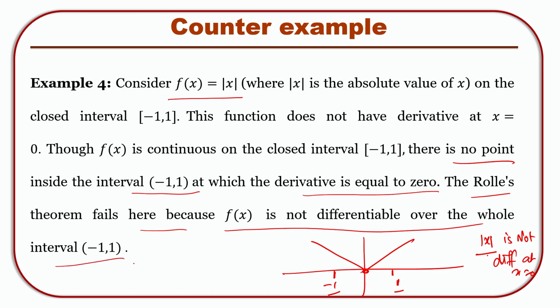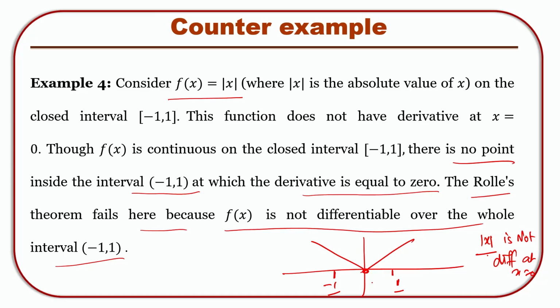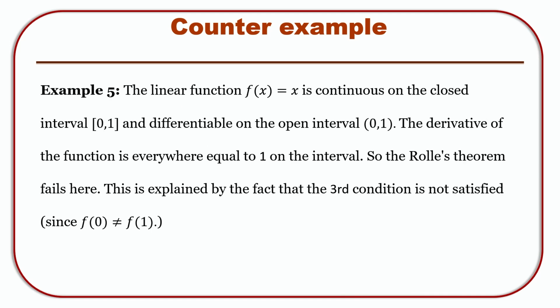So, now you can imagine why the Rolle's theorem statement contains that f of x is continuous in a closed interval as well as differentiable in an open interval AB, because of some examples where the Rolle's theorem fails, not valid. Similar example: the linear function f of x equal to x is continuous on the closed interval 0, 1 and differentiable on the open interval 0, 1.